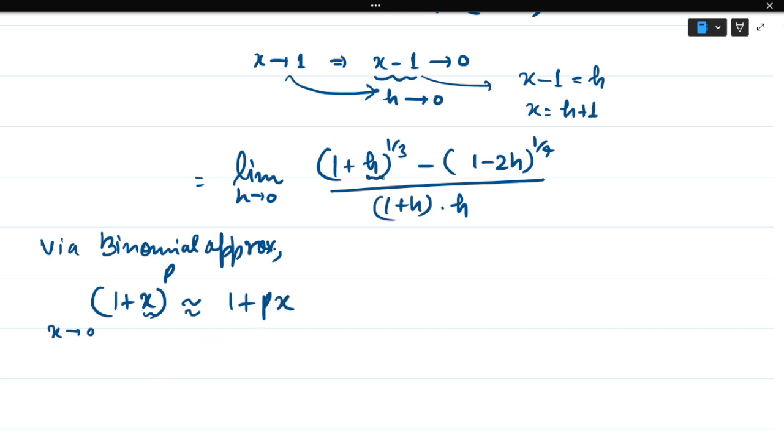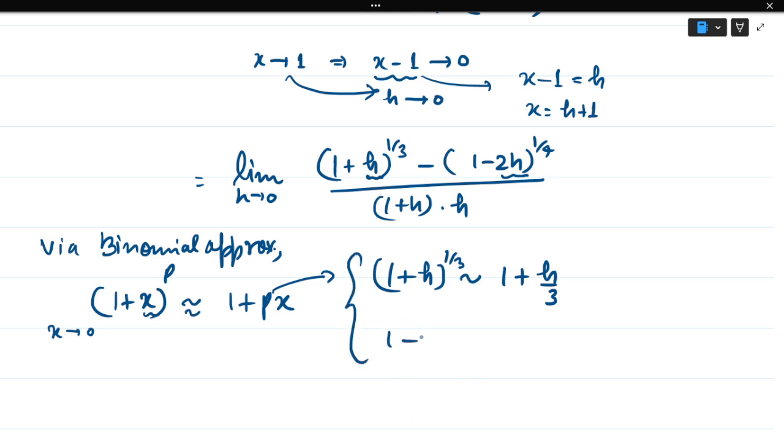If h is tending to 0, of course 2h is also tending to 0. So (1 plus h) to the power 1/3 can be written as 1 plus h/3, and in a similar manner, (1 minus 2h) to the power 1/4 can be written as 1 minus 2h/4, which is nothing but 1 minus h/2.